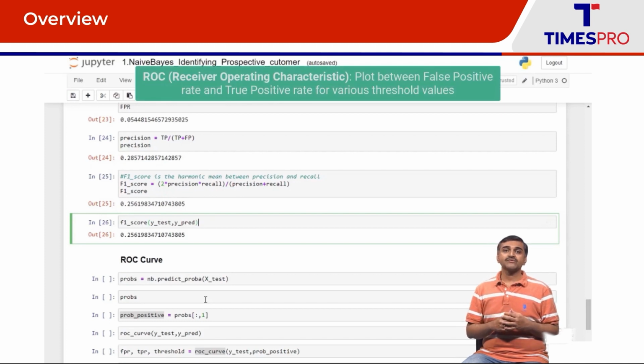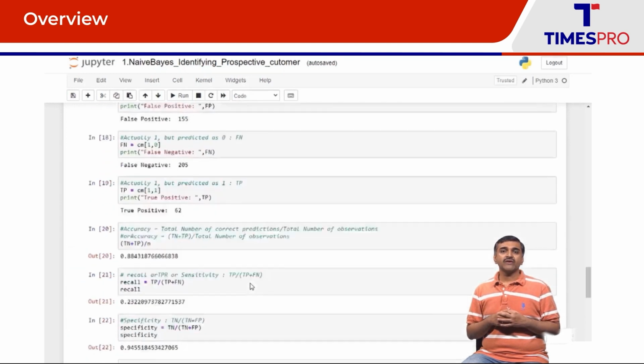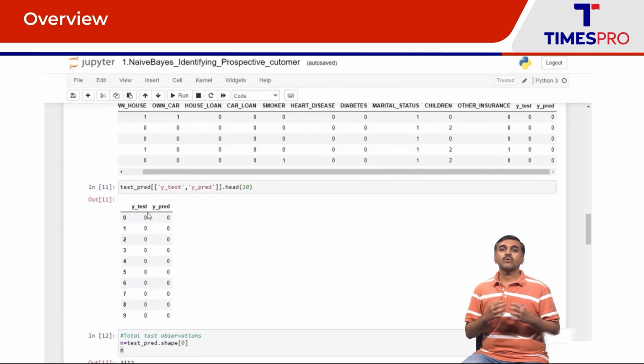ROC stands for the receiver operating characteristic, which is nothing but a plot between false positive rate and the true positive rate for various threshold values. Here are the predictions which are being made by using a default threshold value of 0.5.